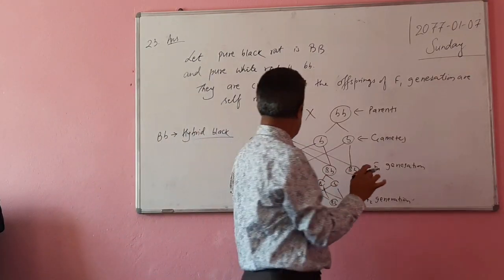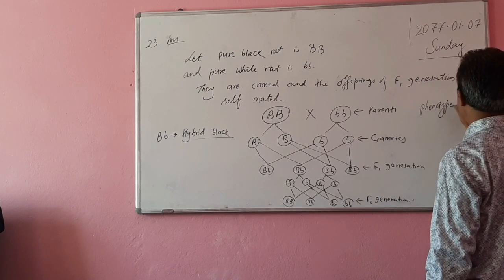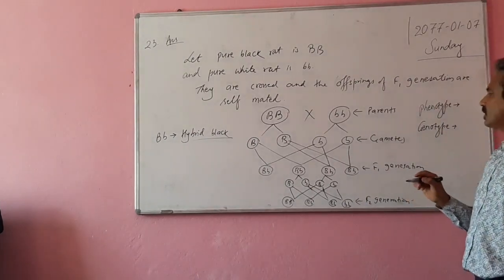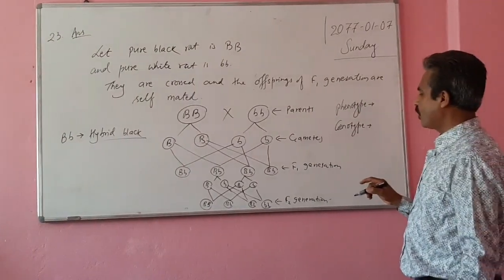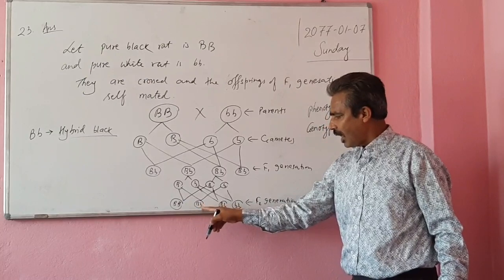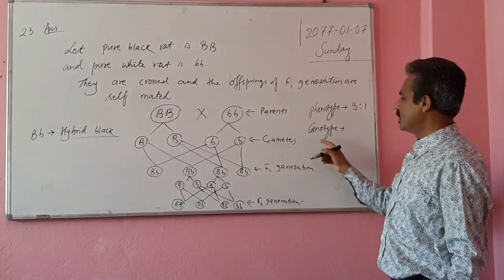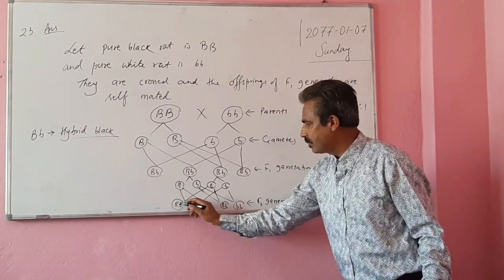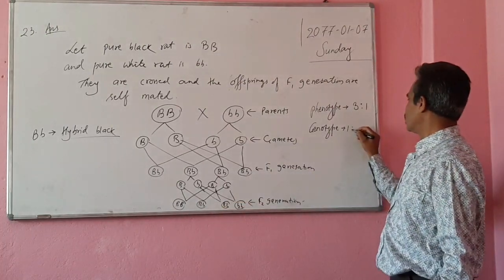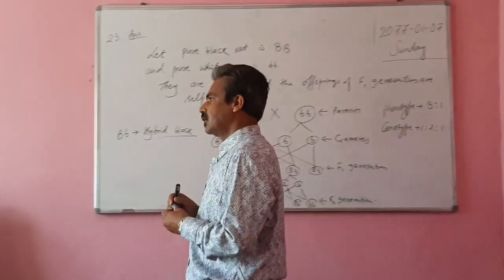But sometimes the question may ask you to write the phenotype and genotype. Phenotype means how many black and how many white: 3:1. How? Pure black, hybrid black, and pure white. So phenotype is 3:1. Genotype means look at the genes: capital B, capital B, 1; capital B, small b, 2; small b, small b, 1, so 1:2:1. If you are able to do this, you will get 2 marks.